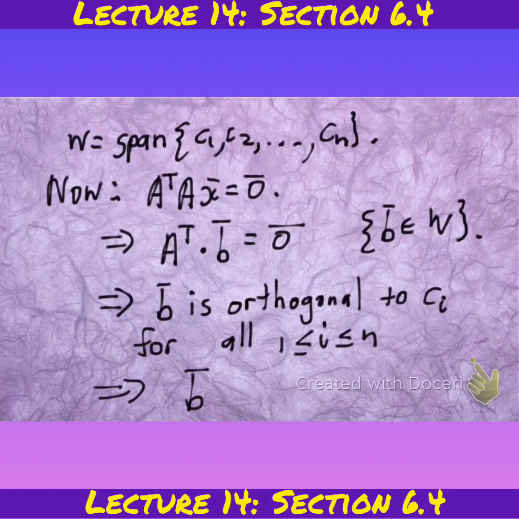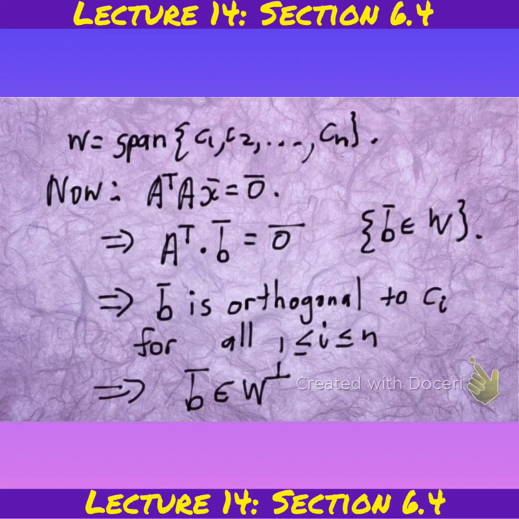And so B is going to be orthogonal to all the basis vectors of a basis for the column space. And that's going to imply that B is in the orthogonal complement of the subspace spanned by these vectors here. Okay?